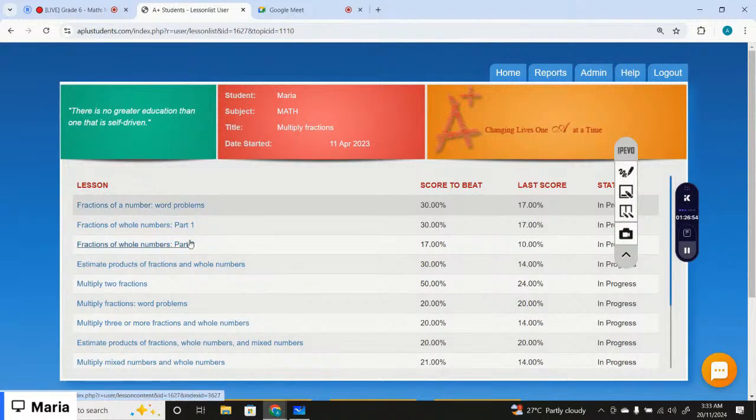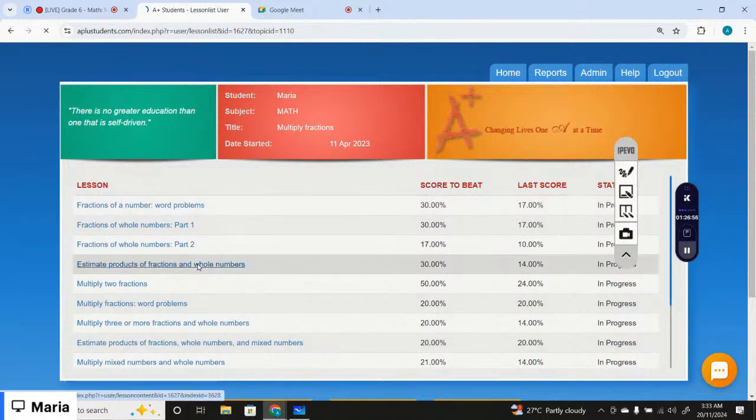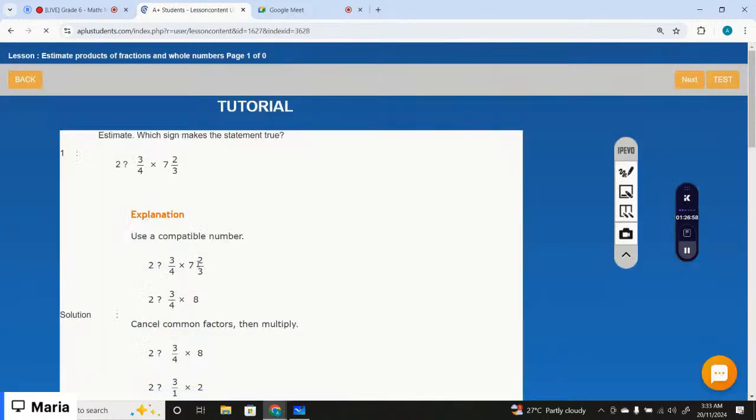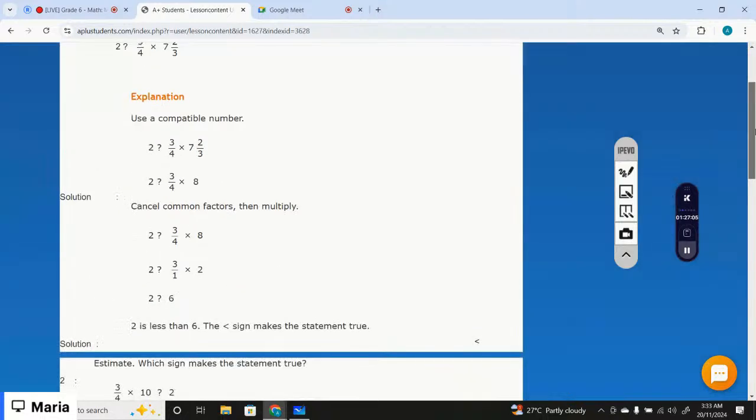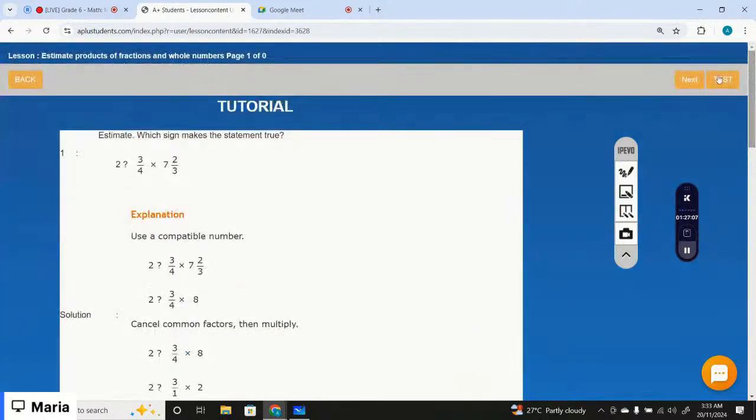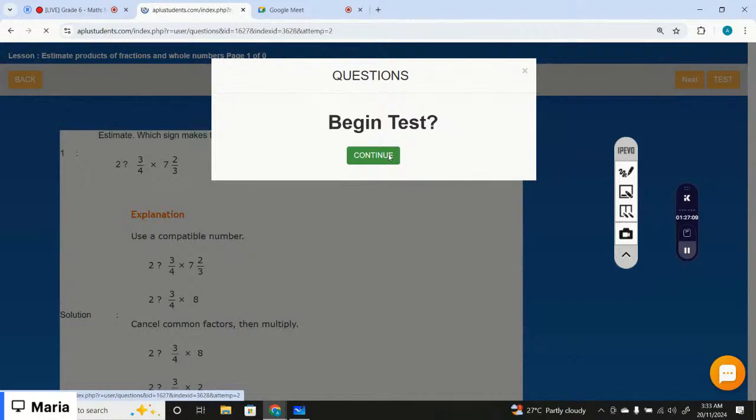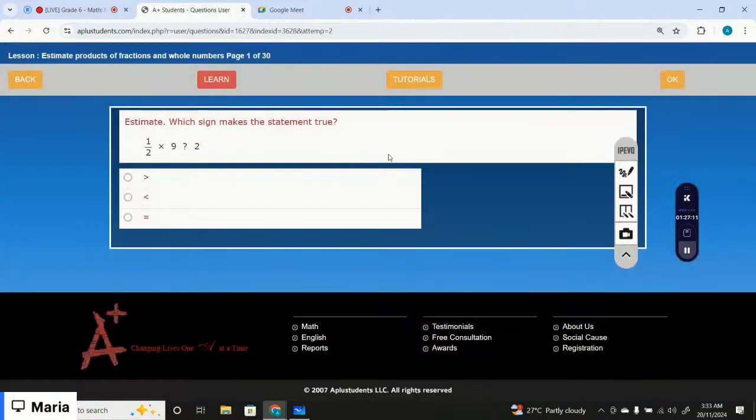The next lesson is estimate products of fractions and whole numbers. Let's just start with the test questions. Okay, so you have to compare half of 9 to 2, right? So which is the correct option?